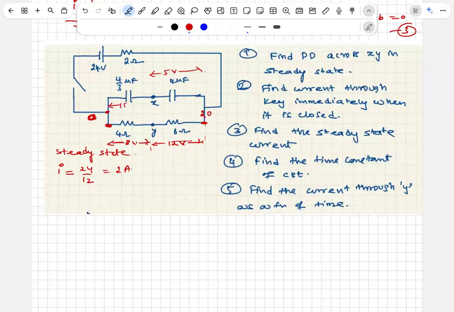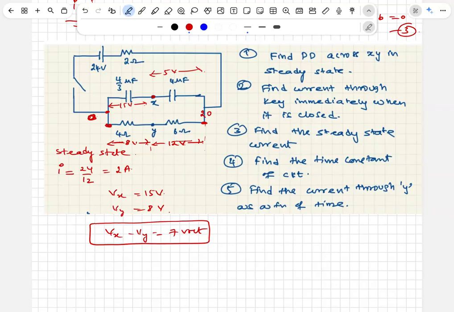Across this, the drop is 15 volt. Clearly, Vx is 15 volt with respect to 0. Vy is 8 volt with respect to 0. Vx minus Vy is 15 minus 8, 7. That's the first part of the question.